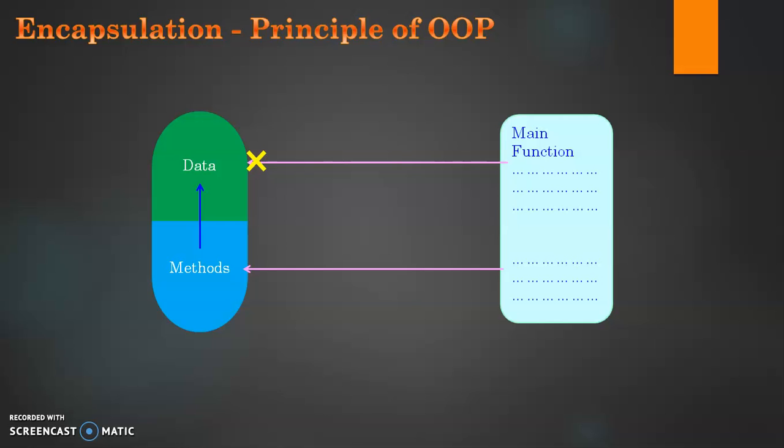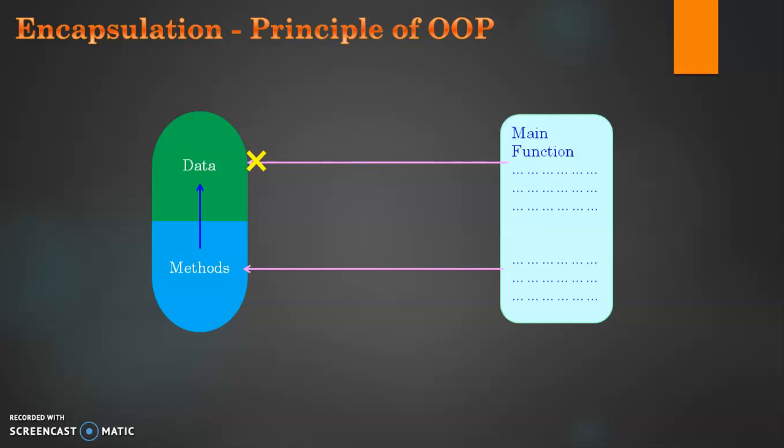So this is the essence of encapsulation, in which the data and methods are grouped together and the data is accessible only to the functions inside the object. It is not accessed directly by the outside world or outside the class premises.